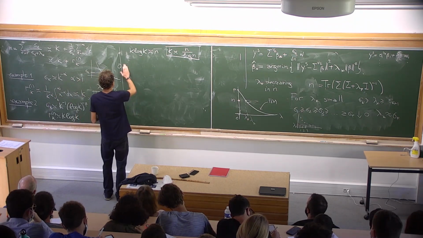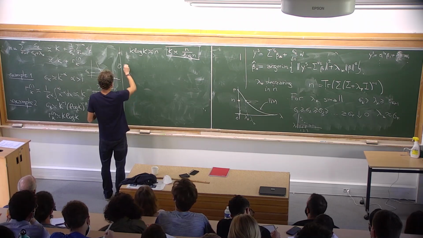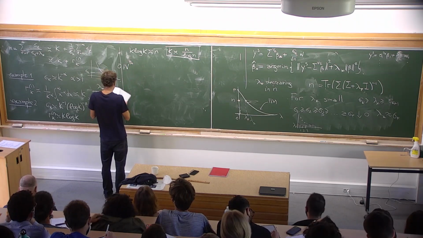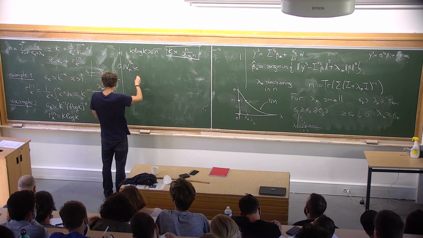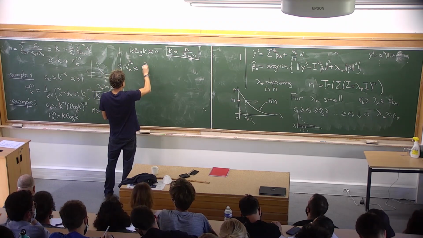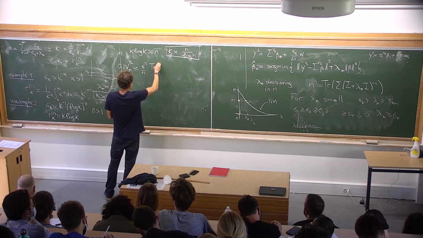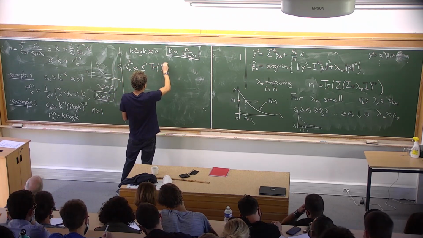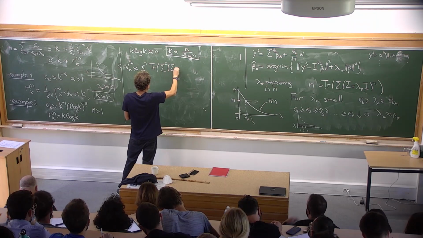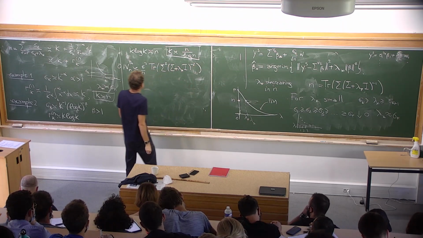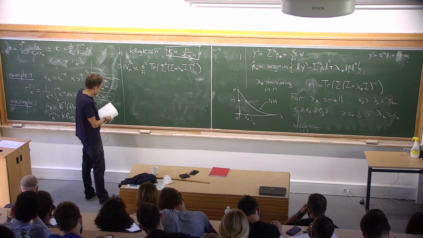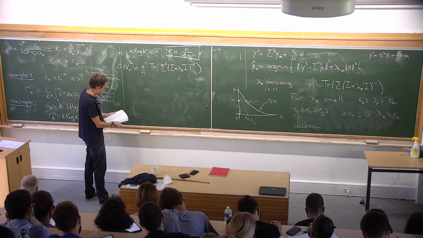So now, if you remember, I'll rewrite the formula. The formula that I wrote for the variance was that, up to constants, this is sigma square over n times the trace of sigma square over sigma plus lambda star I to the minus 2. And I can repeat the same game as before.